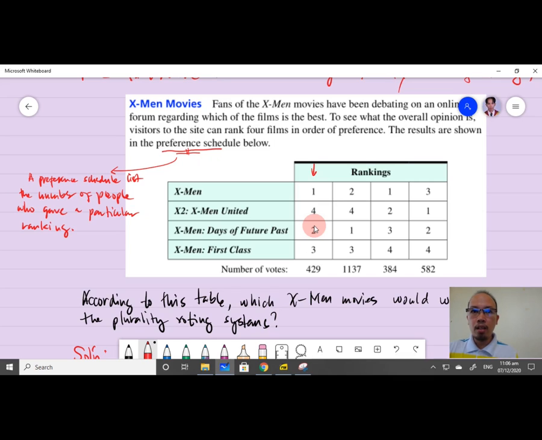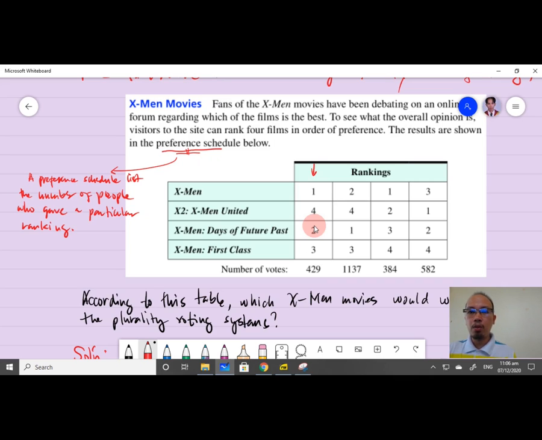When you say 1, this is the best. X-Men is their top 1. X2, which is X-Men Days of the Future Past, is their top 2. Their top 3 is X-Men First Class, and the last one is X2 X-Men United.